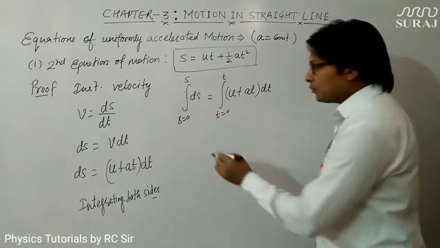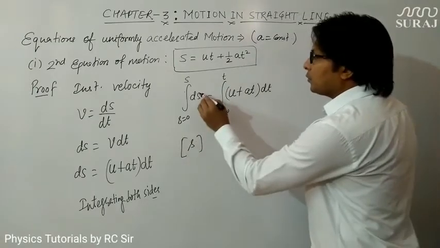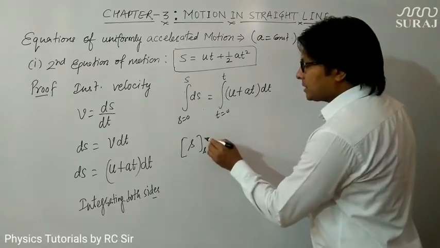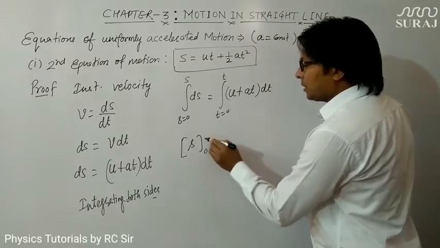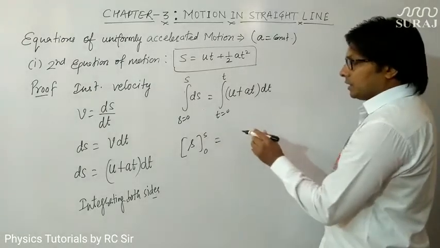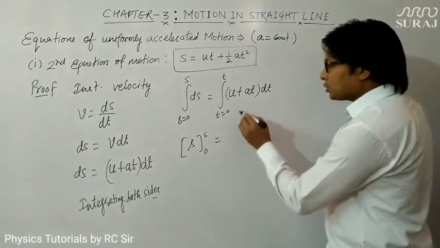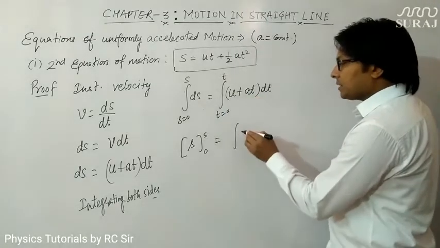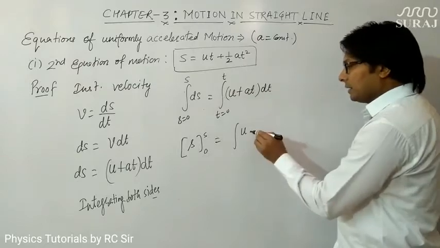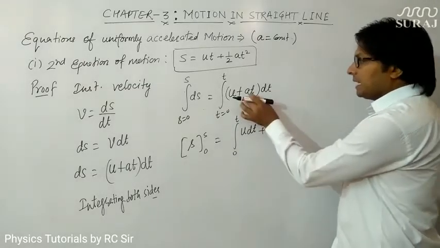Integration of ds will of course be s, with the lower limit 0 and upper limit s, equal to, we will integrate these two terms separately. It can be written as the integration of u into dt with limits 0 to t, plus the integration of at dt.